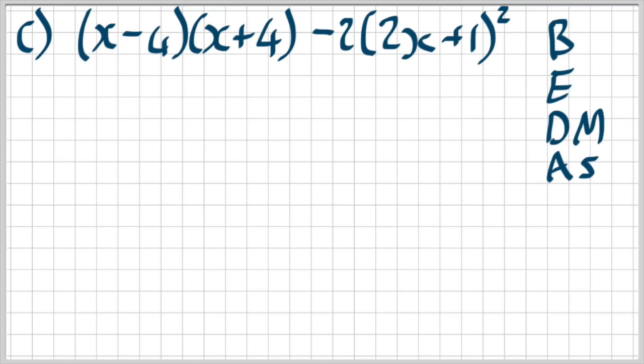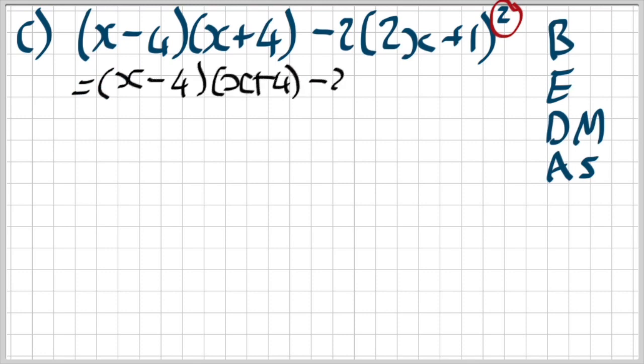It means inside. Then I've got an exponent. So I first want to handle the exponent before I do the rest. So I'm going to write out everything the same, but I'm going to go to that exponent first, which means the 2x plus 1 multiplied by the 2x plus 1. Remember, that's what that square means.